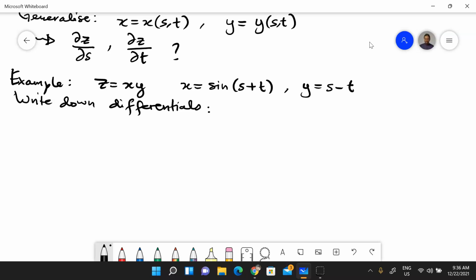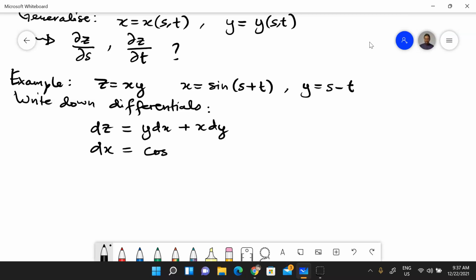So let's do that. So the first one, dz, okay, is given by y dx plus x dy. Okay, so just taking the differential of each variable. Okay, and then for the second equation here, dx, and then you have a sine of this particular variables s and t. So you take the differentiation of the function first.